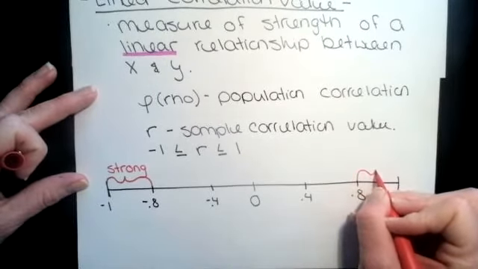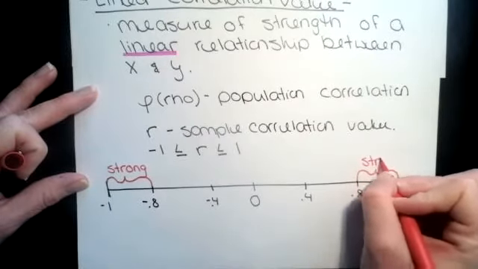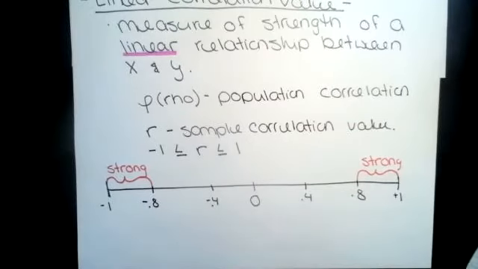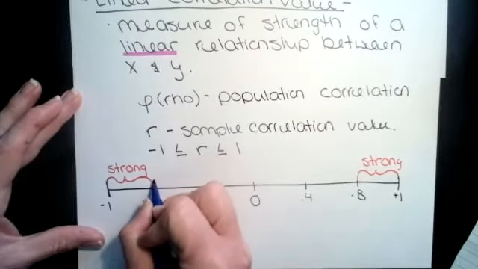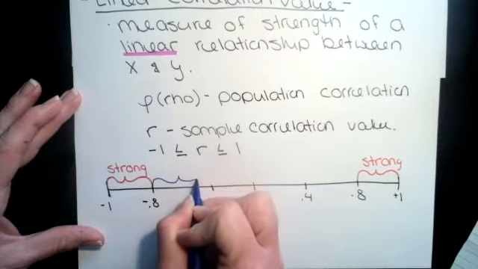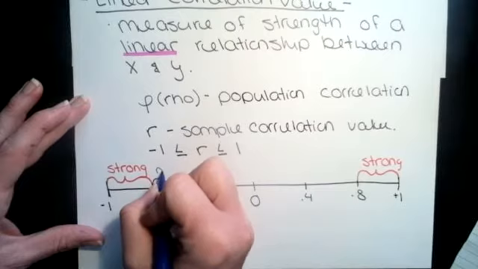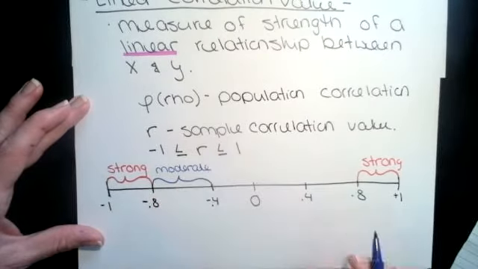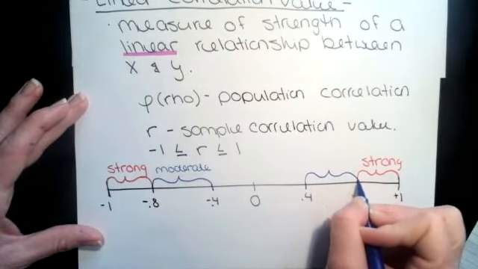Between 0.8 and +1, we have a strong linear relationship between X and Y. Between -0.8 and -0.4, we consider this a moderate strength relationship. And same thing between 0.4 and +0.8, moderate.